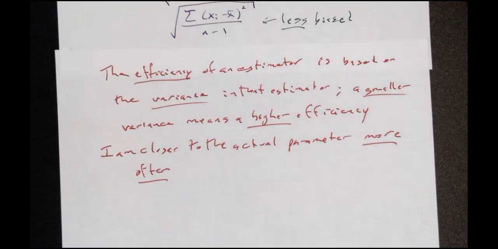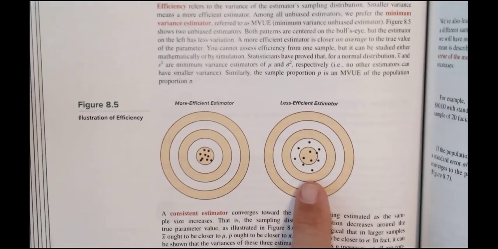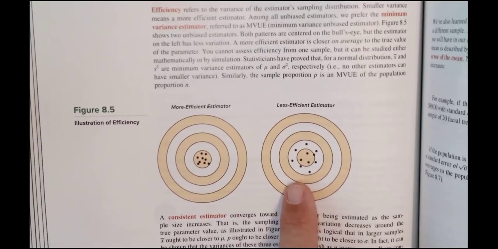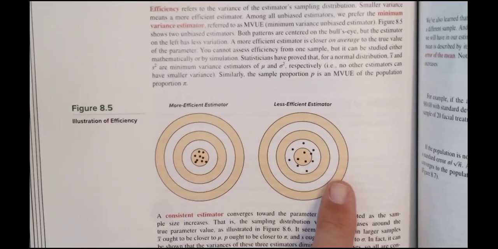It's going to be spread out, right? But if I have a lower variance, a more efficient targeting system, I should have a smaller cluster. Same page, more efficient, less efficient. I know the target's the dead center of this. I'm more often close to that center than I am here.